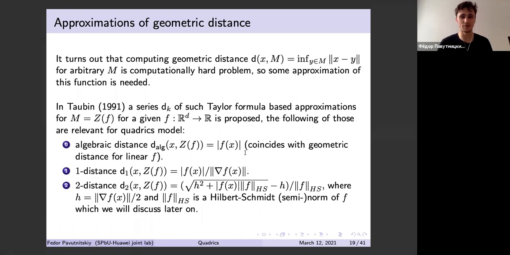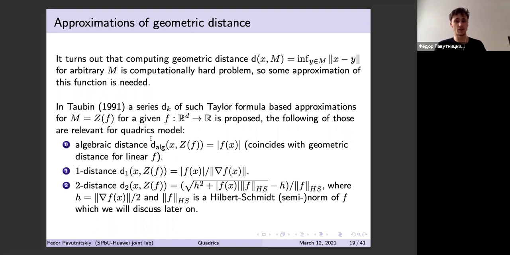What happens outside of the manifold? It can be anything, right? It depends on the function, and it's very hard to predict. But from another point of view, if we use algebraic distance, the whole problem of finding quadrics can be reformulated as a linear model, but in some high dimensional space, in the space of coefficients of quadrics.